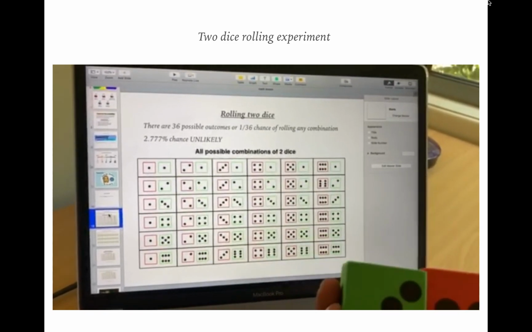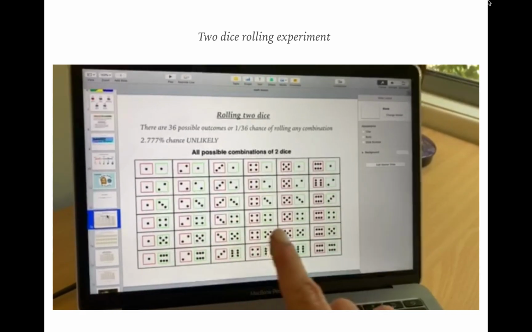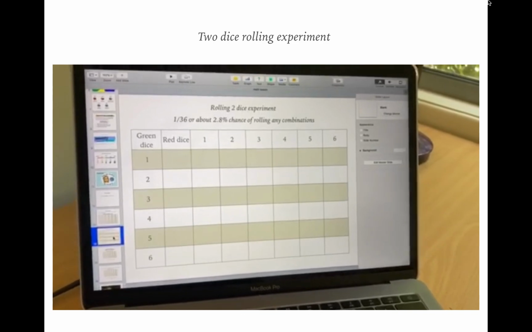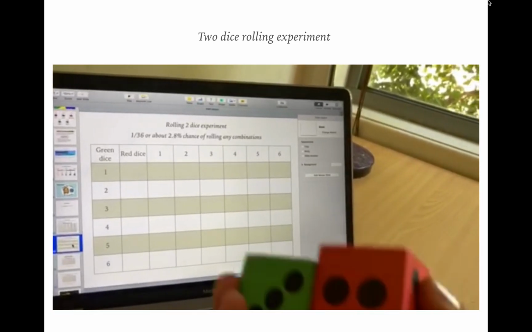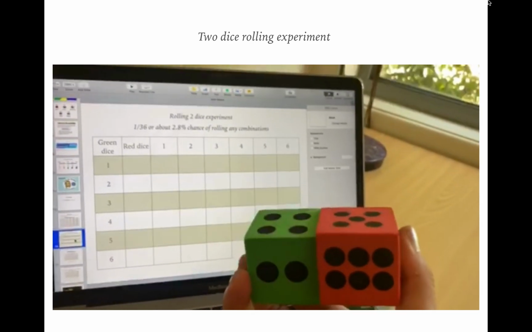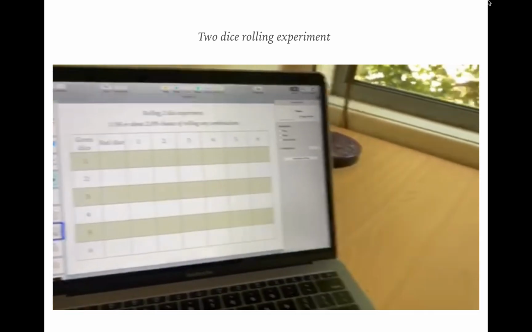So it's a 2.77% chance of getting any of the combinations. I am going to fill this table in as I roll these 2 dice and see how we go. Remember, there's a 2.8% chance of rolling any of these combinations, so the chance is pretty low. It's quite unlikely. Okay, let's see.